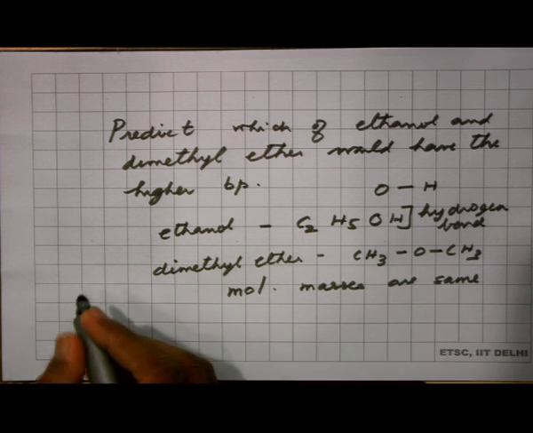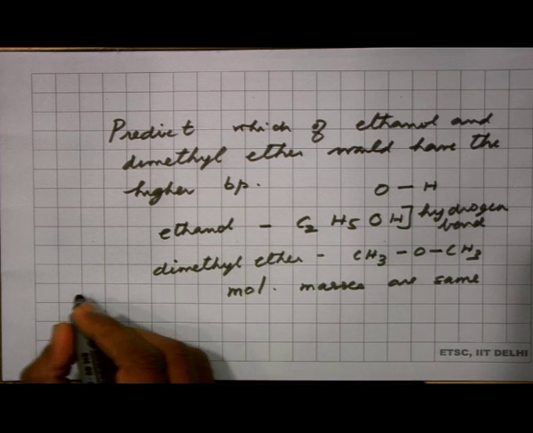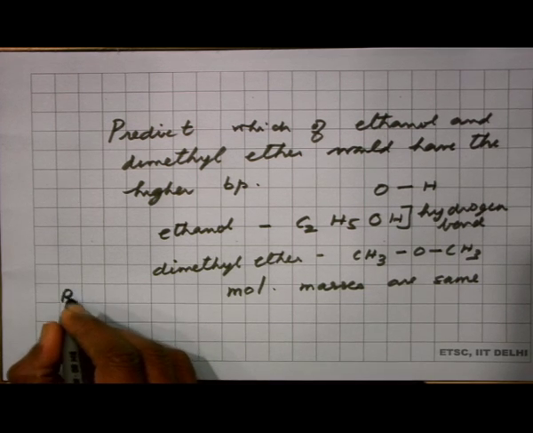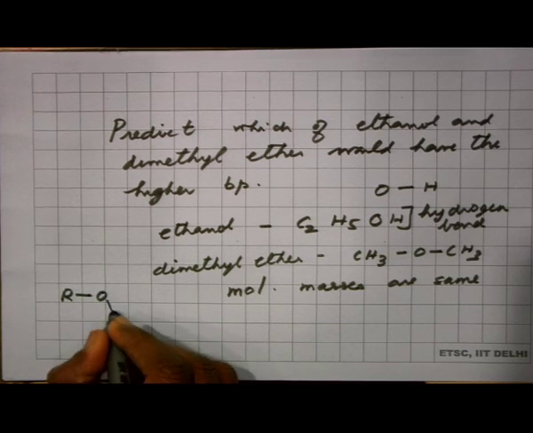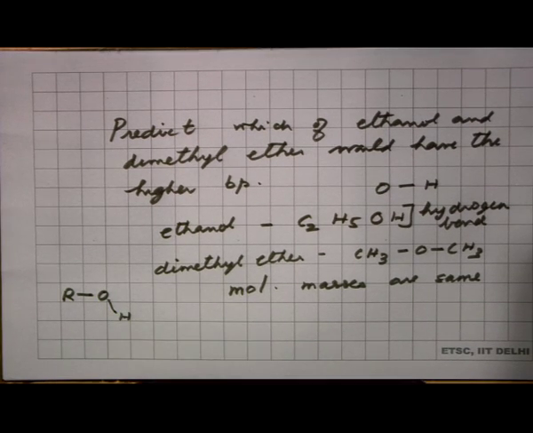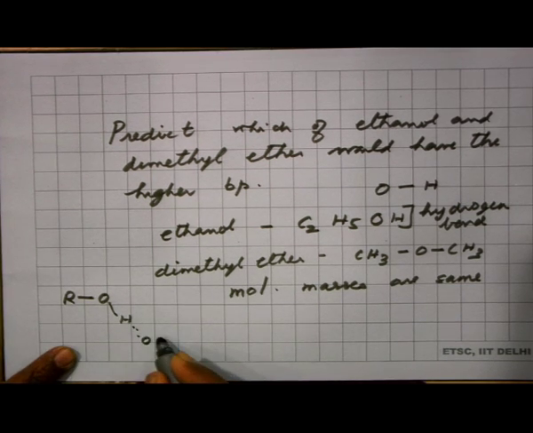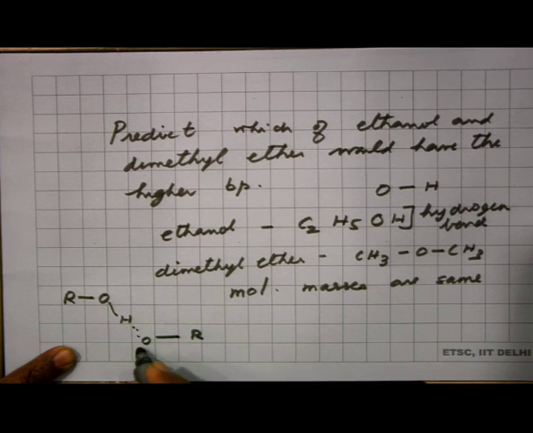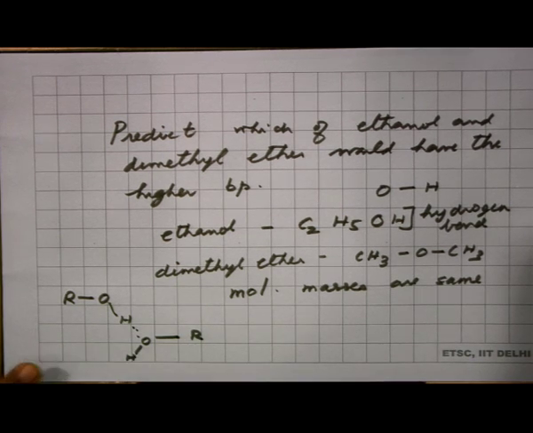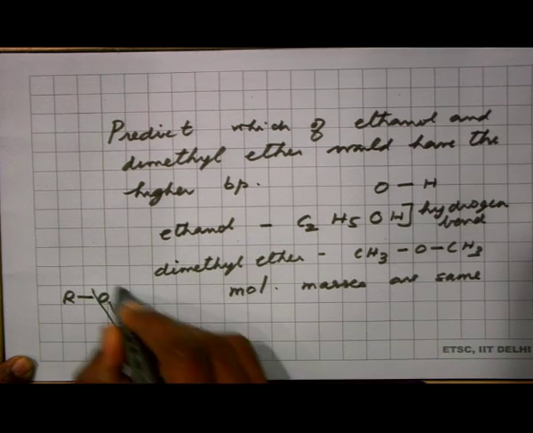So, if you look at water as is, or for that matter OH, let us call this ROH, and then you could have another oxygen here, ROH. That is the hydrogen bond.